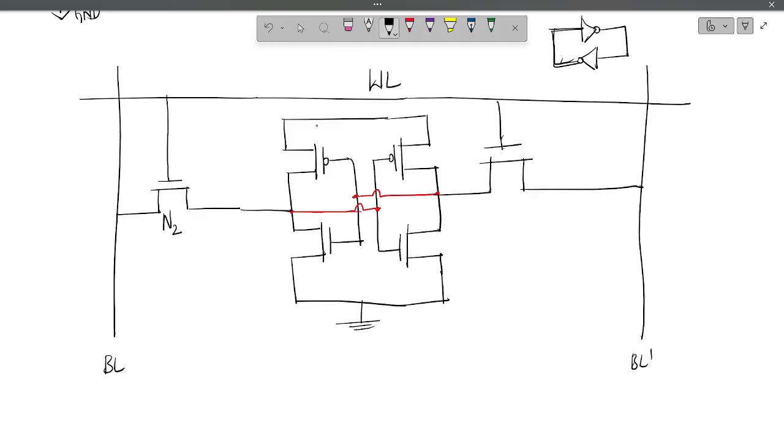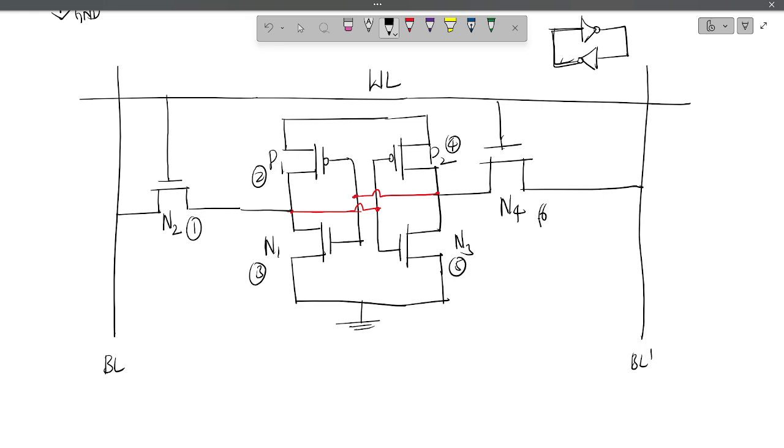So let us take these as P1, P2, N1, N2, N3 and N4. So in total, how many are required? 1, 2, 3, 4, 5, 6.